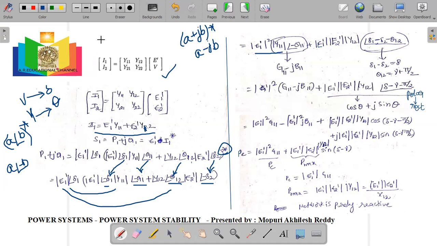Now we know that normally Z is equal to R plus jX, that is resistance plus reactance.